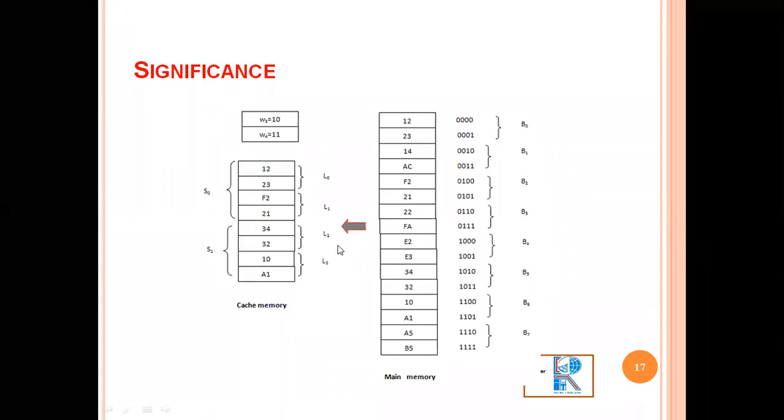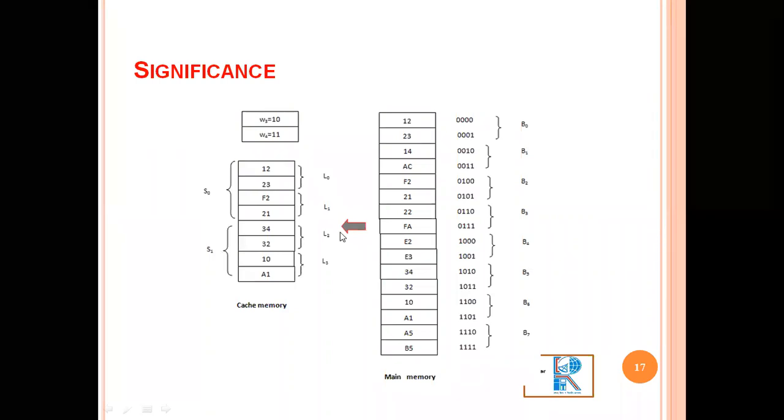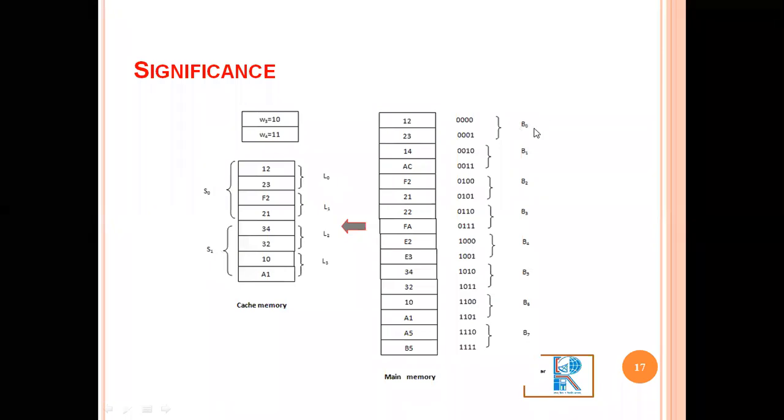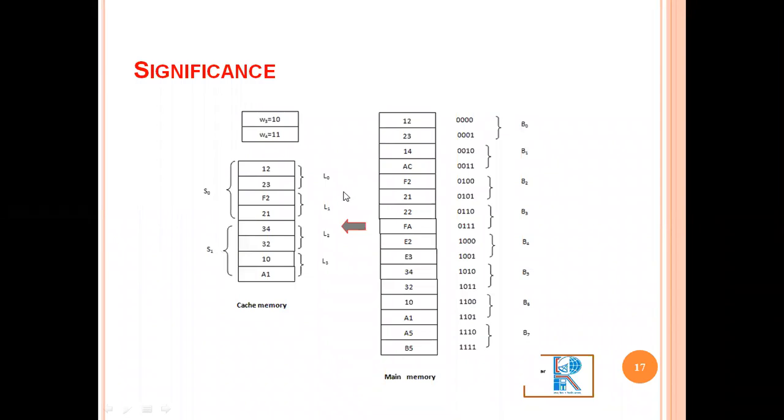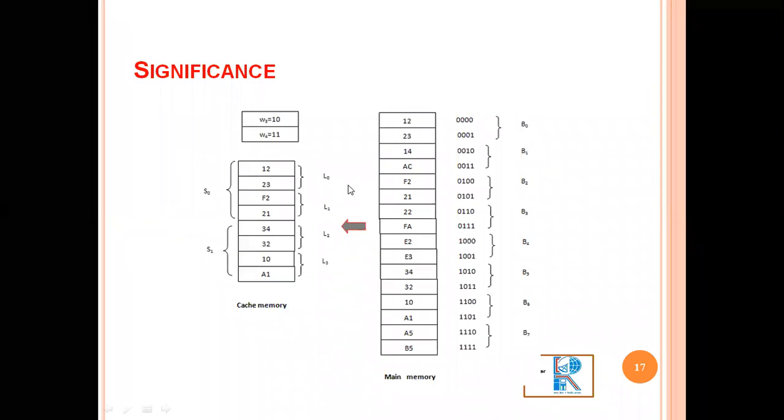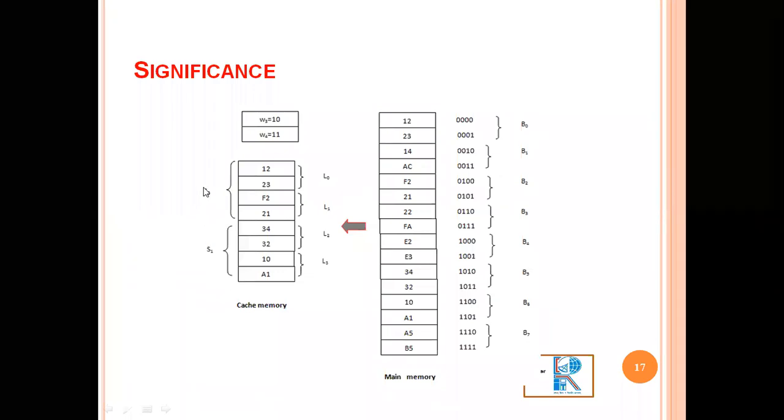Now in the set associative mapping, what happens? From the block number, a particular set number will be generated. In the direct mapping, from the block number, we generate the line number. In the fully associative mapping, from the block number, no address is generated. It can be randomly stored in any address. But in the set associative, from that particular block number, a particular set number will be generated.